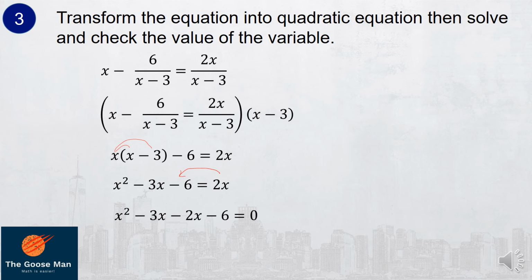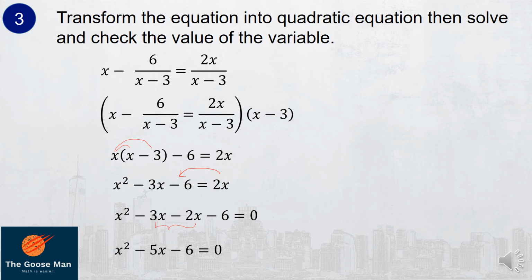So it becomes x squared - 3x - 2x - 6 = 0. Then I'll combine these together. Take note that negative 3 minus 2 will become negative 5, then simply annex x. So I have x squared - 5x - 6 = 0.